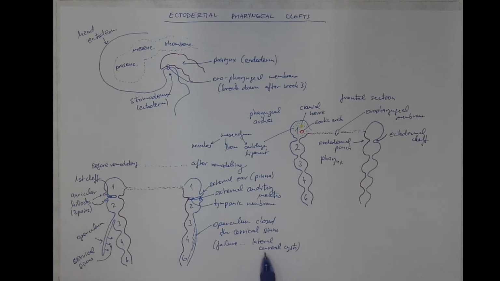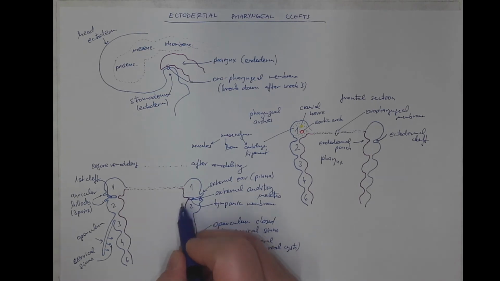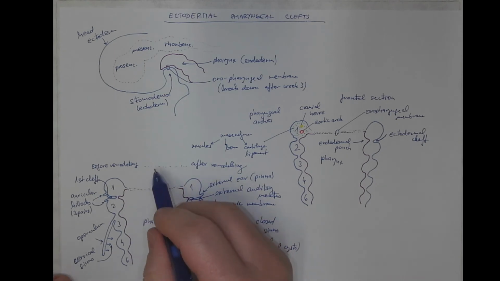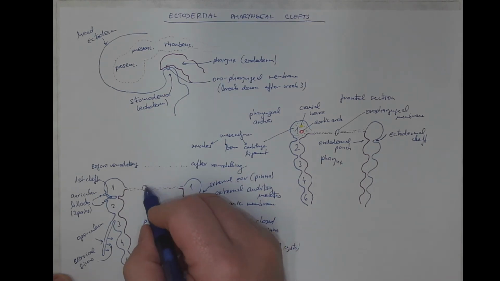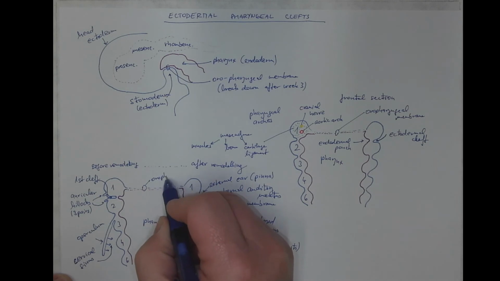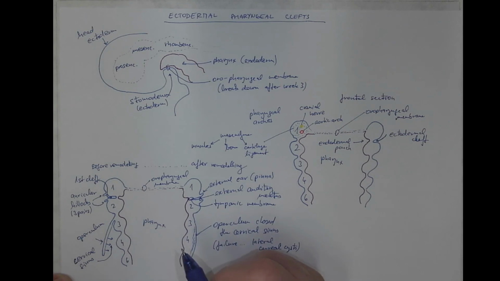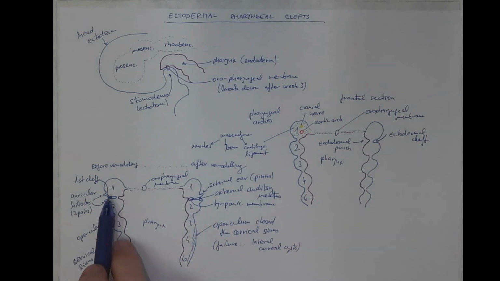That's already a kind of pathology resulting from an incomplete fusion of the operculum with the cervical sinus. In the next scheme we will discuss separately what becomes out of these pouches. Let me label the oropharyngeal membrane here. So this is before and this is after remodeling of this region.